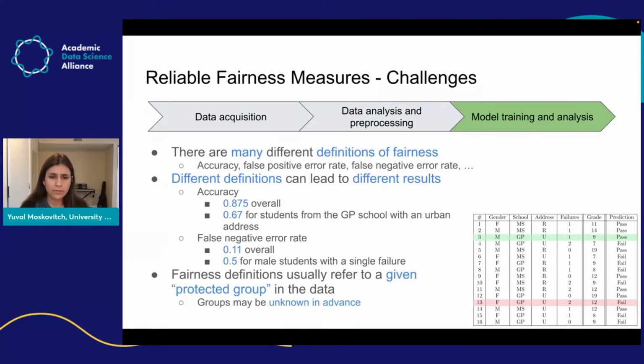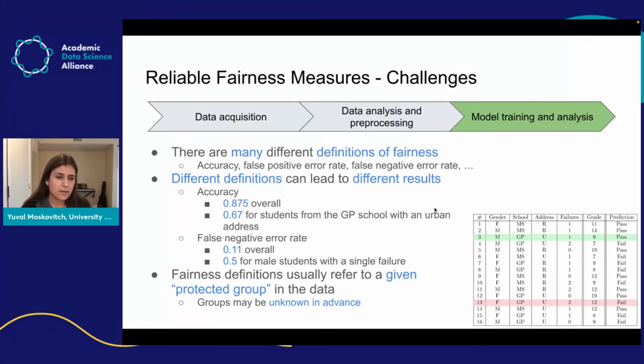But if we look at students from the GP school with an urban address, we will see a drop in the accuracy, where they have only accuracy of 0.67. So this group is treated unfairly if we consider fairness as accuracy. If we think of fairness as a false negative error rate, we will find that male students with a single failure are treated unfairly by this model, and they have a very high false negative error rate compared to the overall.